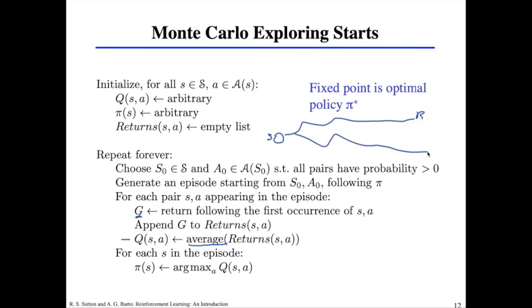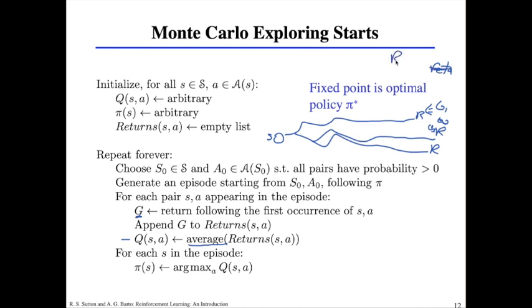Then the second time you go there and you get some reward. And so the return is being computed. It's going to be the G's that are derived from each of these, G1, G2, over time. It's just going to be an array of these.